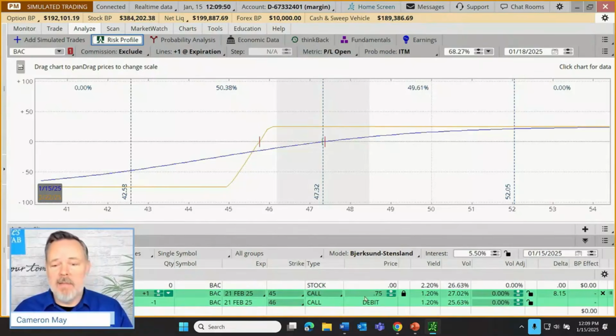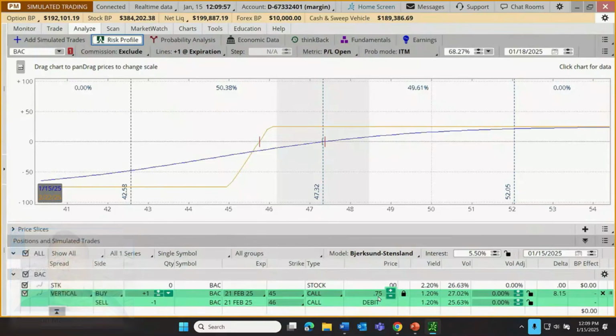As a matter of fact, as I just mentioned, if we spend 75 cents on a $1 wide vertical spread, on a debit spread like this, how much is left over for profit? $25. Well, interestingly, if we come up here to the top line you'll notice that this levels out at about $25.